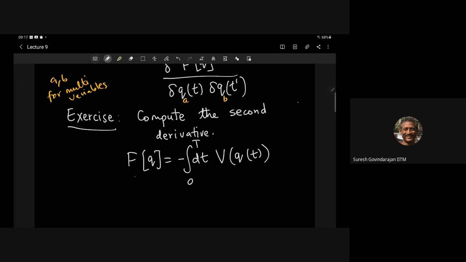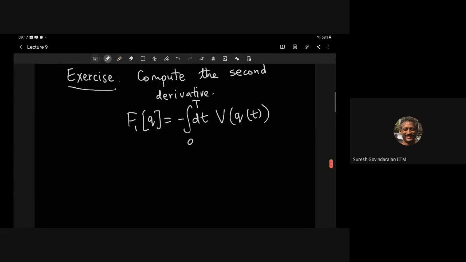Yeah, this was what I called f1, I think. Let me see what I've written. Yeah, I call this f1. Okay. So you just go ahead and ask what this thing is. I won't do this computation. Maybe we can push it to the tutorial, or you can ask me a question next time.